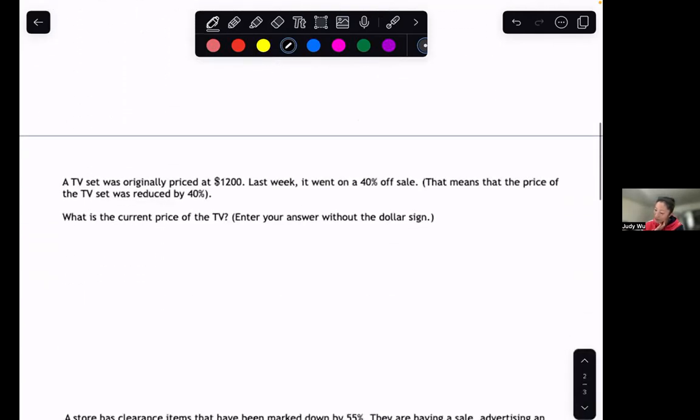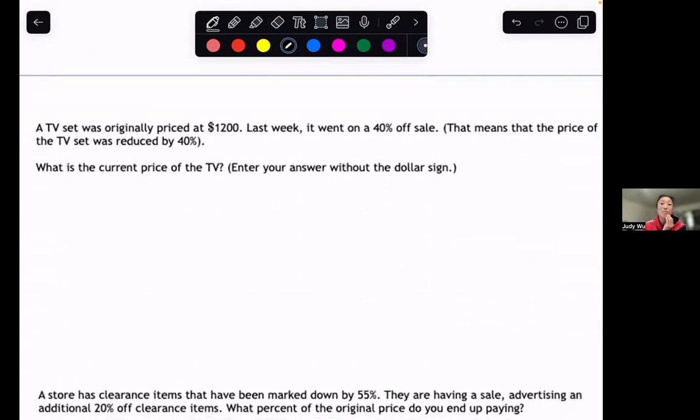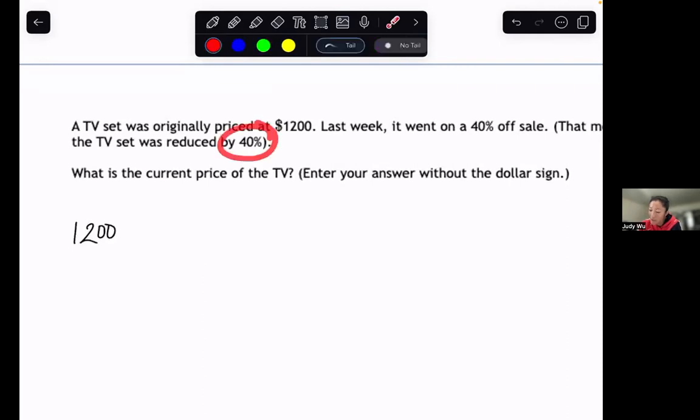All right, so let's start off with this first example here. It says that a TV set was originally priced at $1,200. Last week it went on sale for 40% off. What is the current price of the TV? Okay, so we're going to do this two ways. Now, if I think about 1,200 and I want to find 40% of it, I can move the decimal one place, so 120.